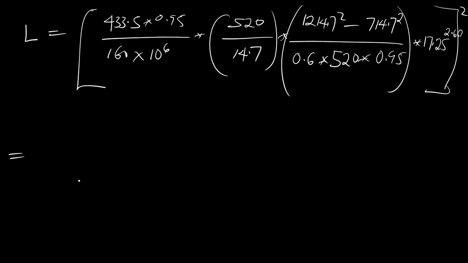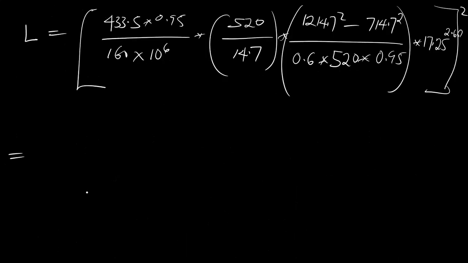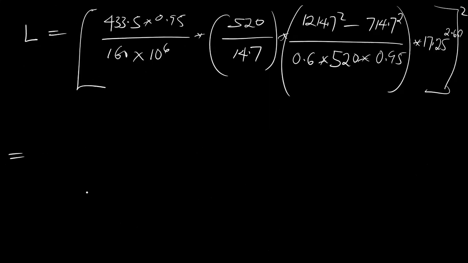So let's now calculate, and the length is in miles. What we're going to calculate should be in miles. So that means we have 433.5 times this raised to power 0.5.